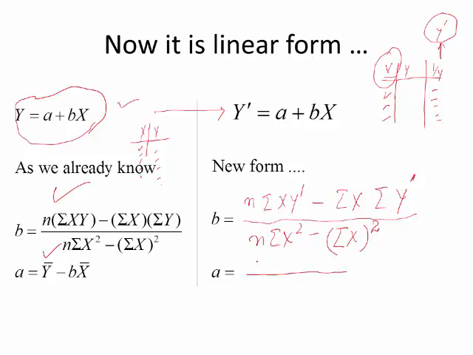And what will be the a? For a, I need y dash bar minus b x bar. So I will use these two modified formulas to calculate the b and a value.